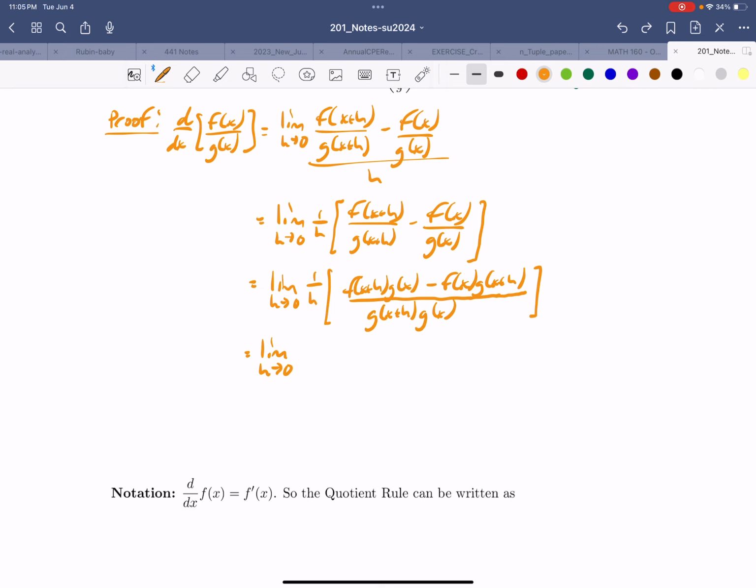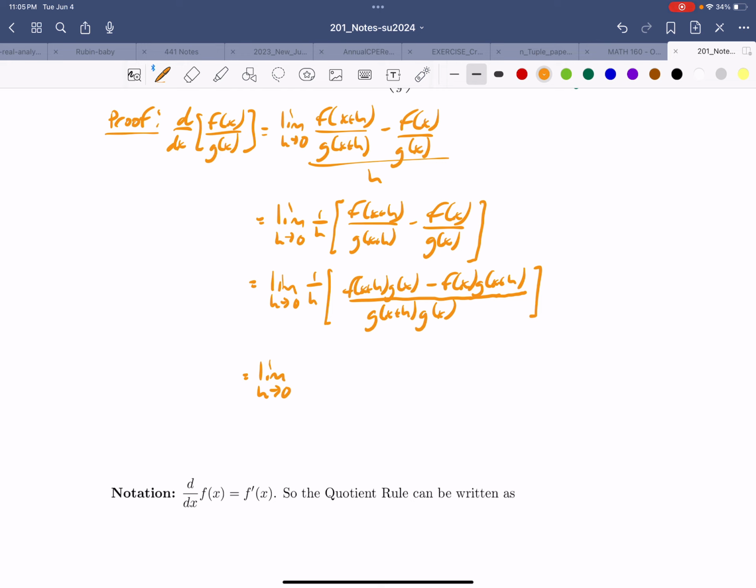So again, we're going to do the bulletproof trick of adding 0. Right, so what we're going to have here, and I think actually I'm going to stick the 1 over h in the denominator. Maybe I'll even move this down a little bit more. Let's see what we're going to have.